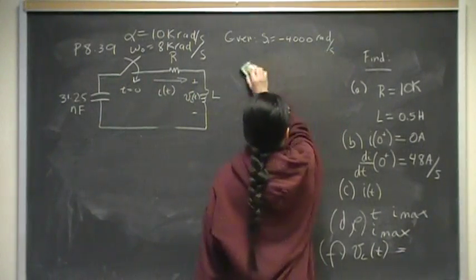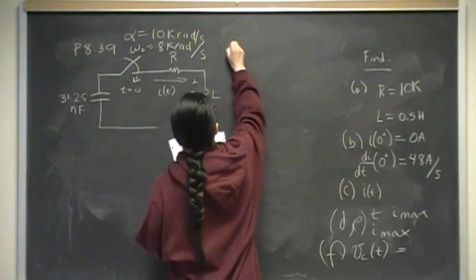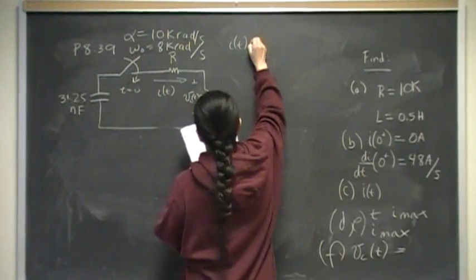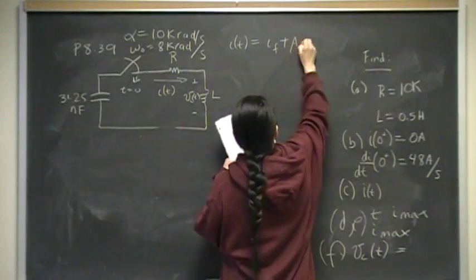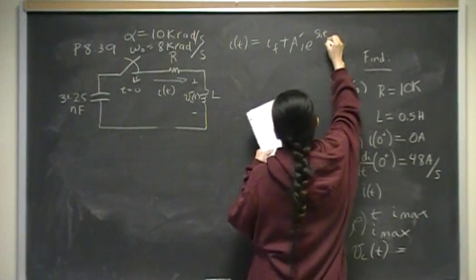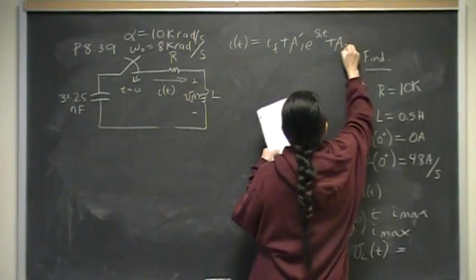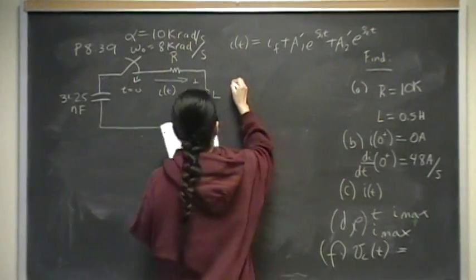And so the three equations that we need are i of t is equal to i final plus A1 prime e to the S1t plus A2 prime e to the S2t.